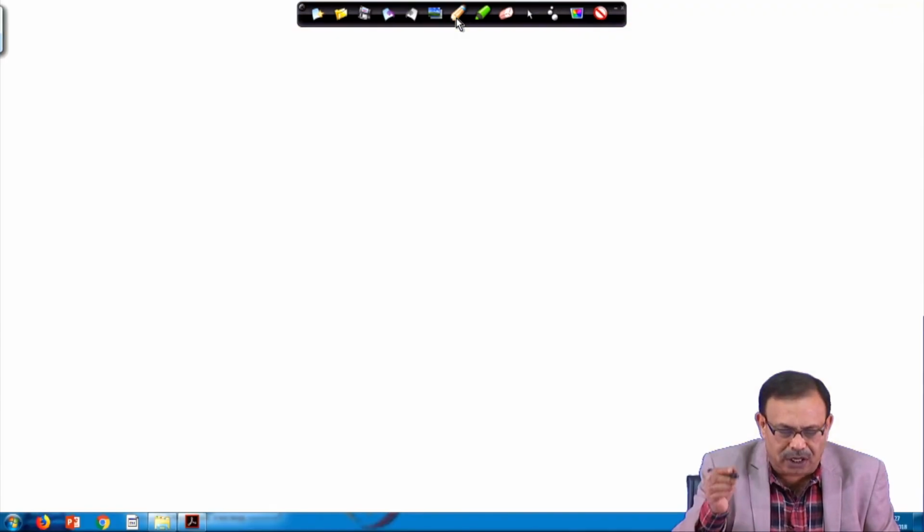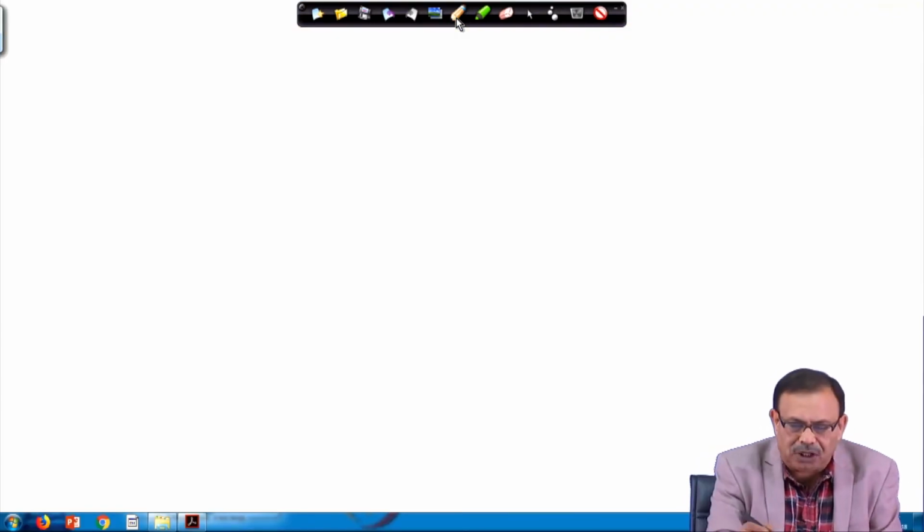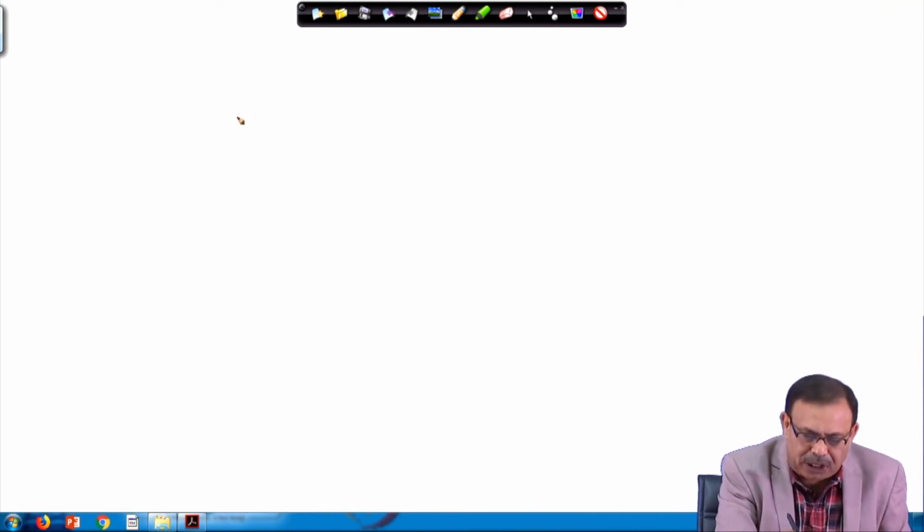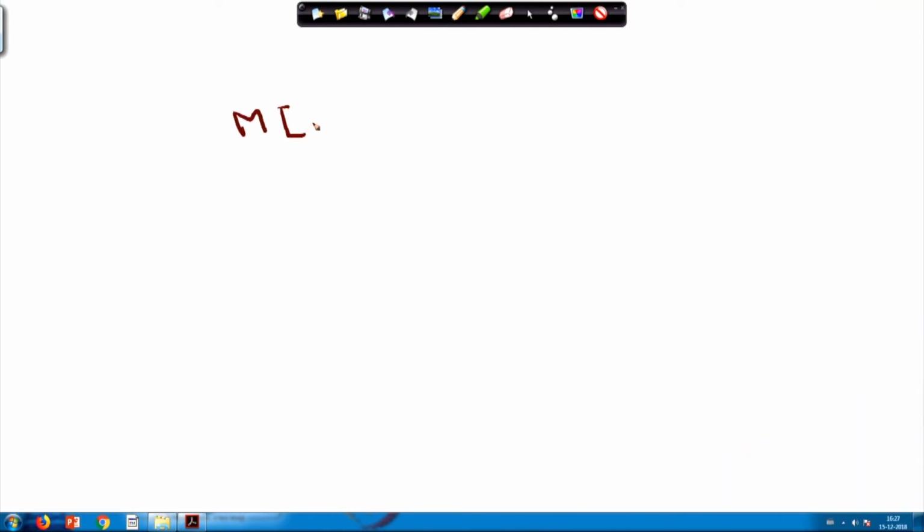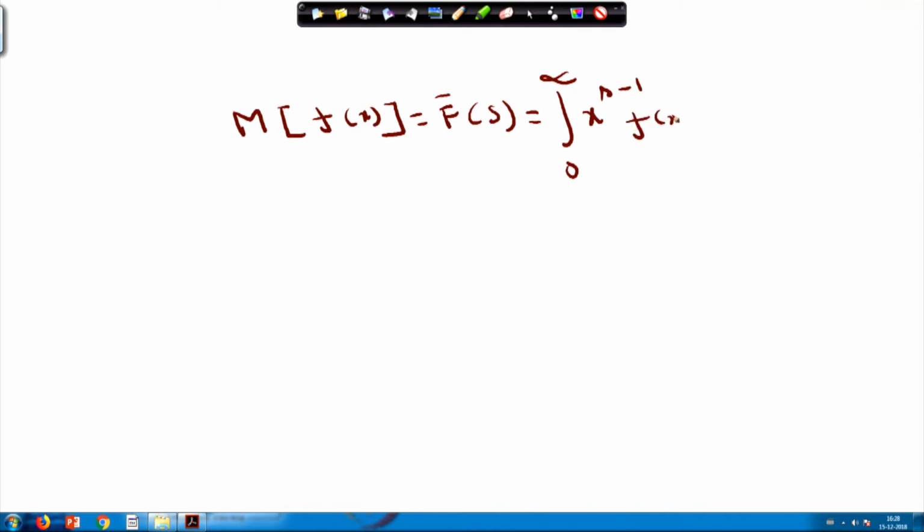Again, the Mellin transform of f(x), which we denote as M of f(x), equals F bar(s), which equals the integral from 0 to infinity of x to the power s minus 1 into f(x) dx. This is equation 1.